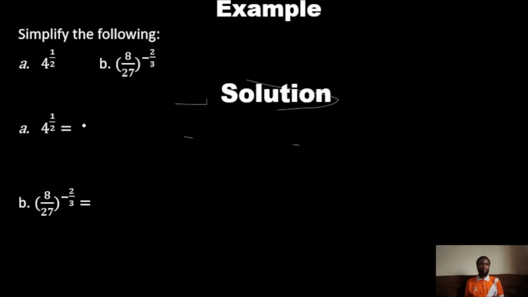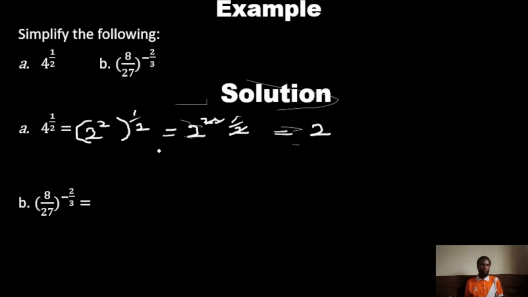What number raised to the power of 2 gives 4, in order to nullify this square root? That will be 2 squared, which is 4, everything raised to the power of 1 over 2. Remember, a power raised to another power, you multiply the powers together. That will be 2 raised to the power of 2 times 1 over 2, which gives 2. That is finding the square root of 4, which equals 2.